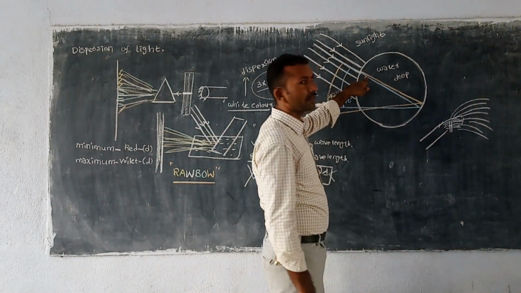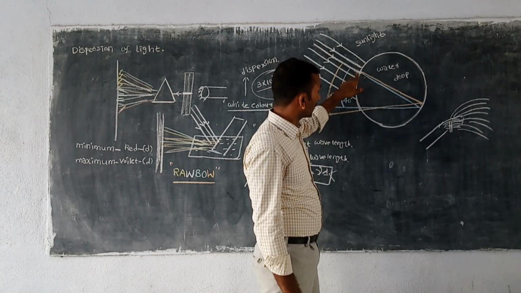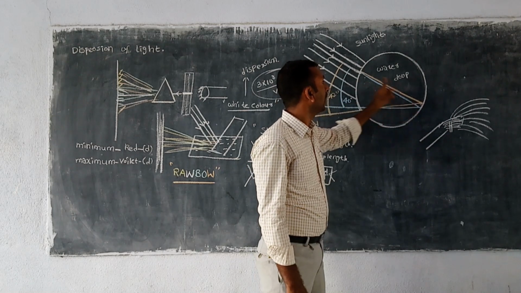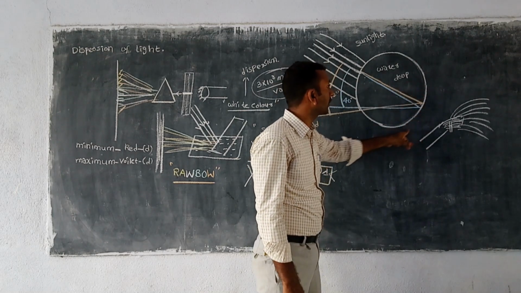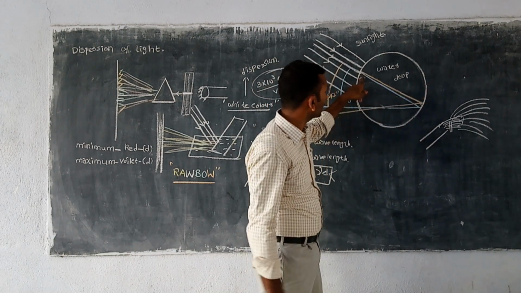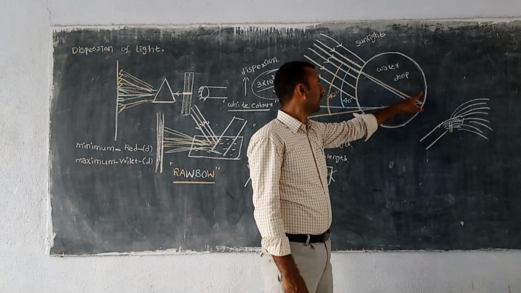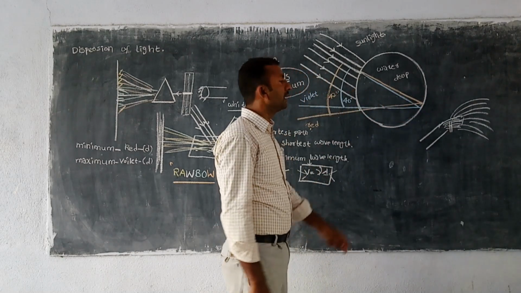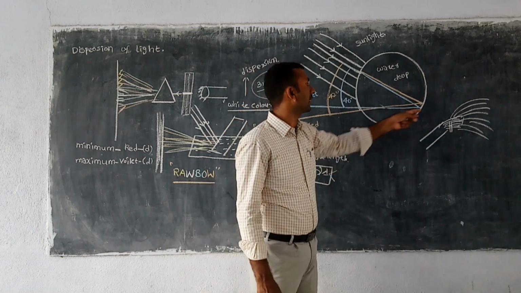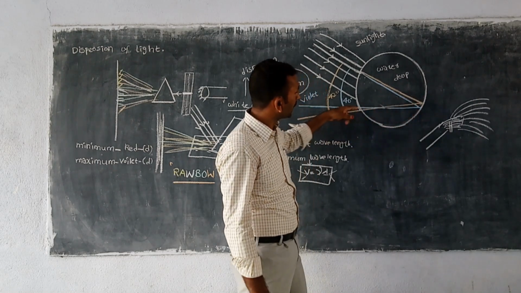After incidence on the water surface, the light ray takes some refraction, and after refraction the red light ray and violet light ray enter the opposite surface of this water drop, and again here they are incident on this surface and reflected back into the same medium due to total internal reflection, and it comes back.